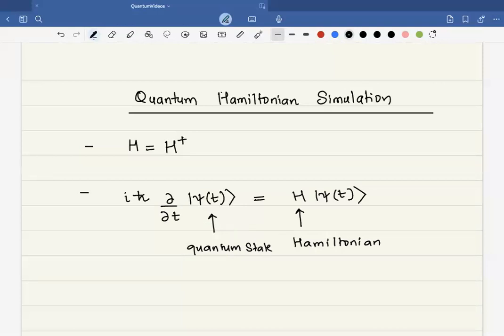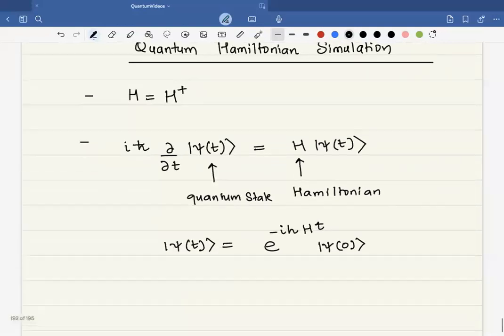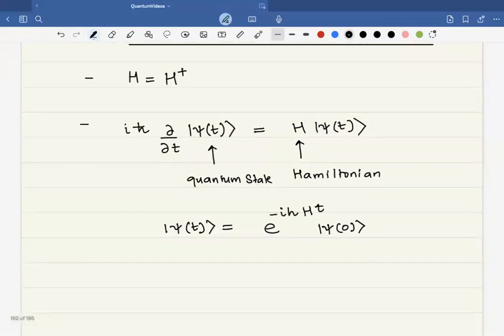And the solution to the Schrodinger equation is given by psi of t is equal to e to the minus i H t over h bar times psi 0, where psi 0 is the initial quantum state, and this is t, and this is h bar, right?